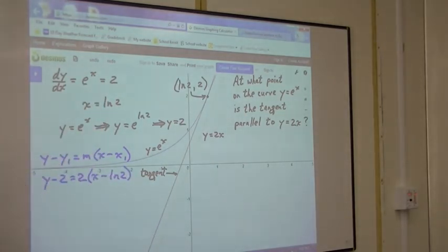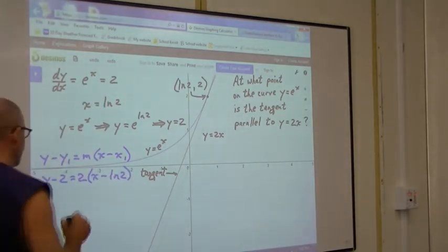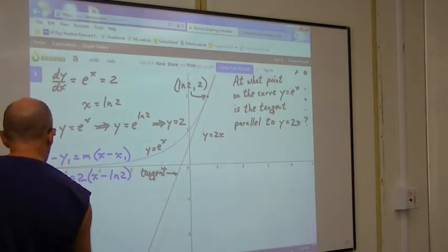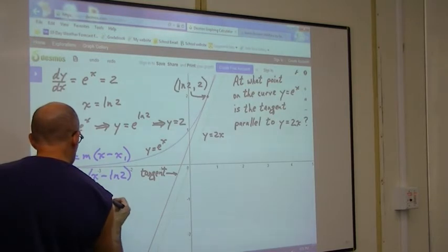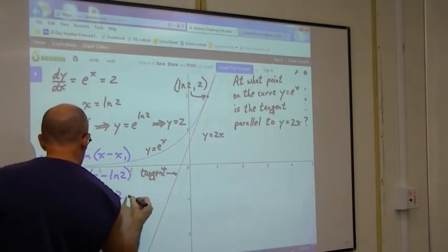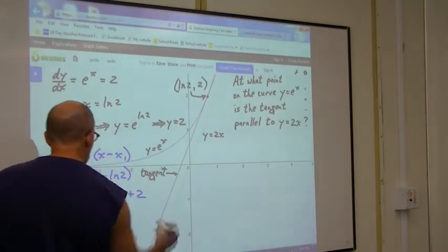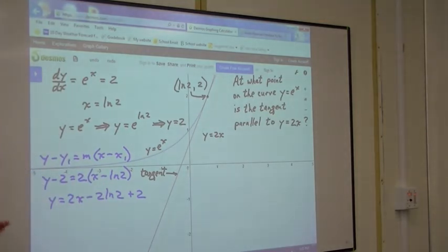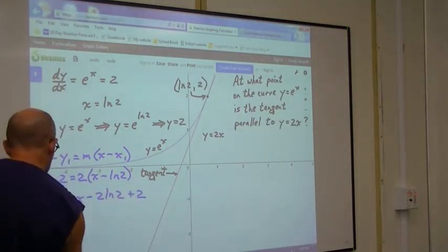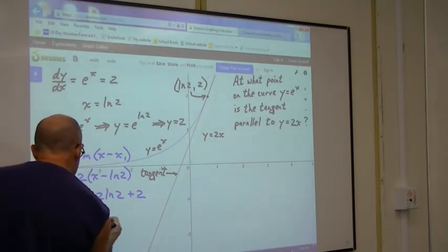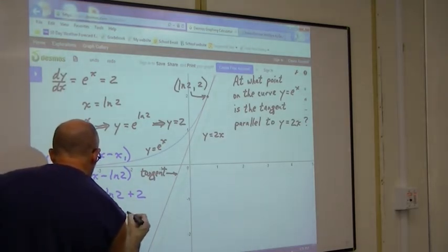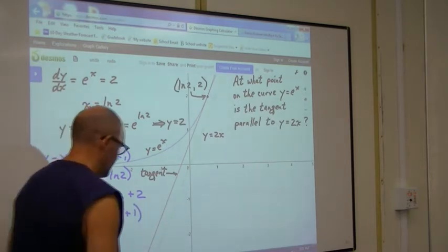There's your equation. Now, if I want it in slope-intercept form, then I can go y equals 2x minus 2 natural log 2 plus 2. And I could factor a 2 out of that whole thing to make it a little cleaner. So it becomes 2 times x minus natural log 2 plus 1.